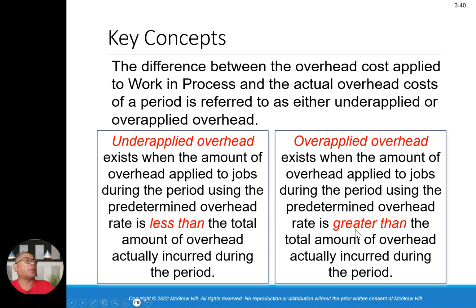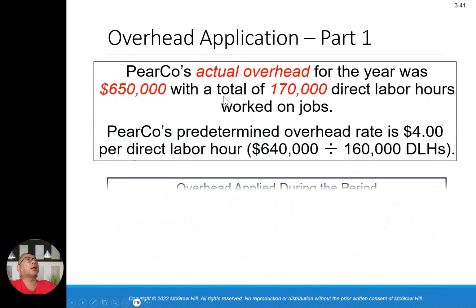When it is more, greater than, that's called overapplied. So it's simple, two opposing lines. Underapplied means less than, overapplied means greater than. Okay. All right, let's look at the next one.